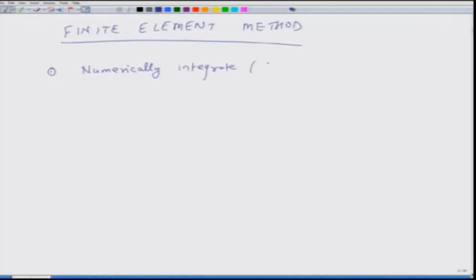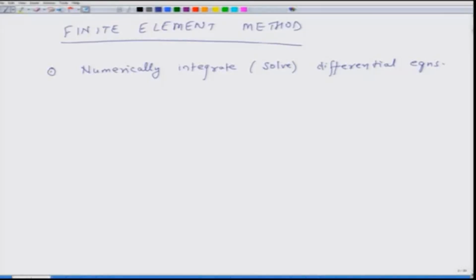Integrate, or I can also call it solve differential equations. Now, these equations could be PDEs, partial differential equations, or ordinary differential equations, it does not matter.